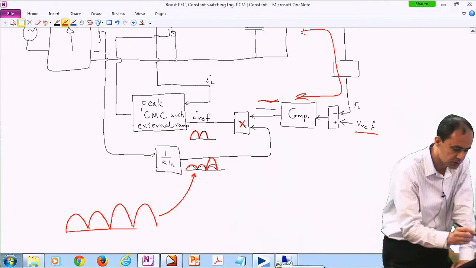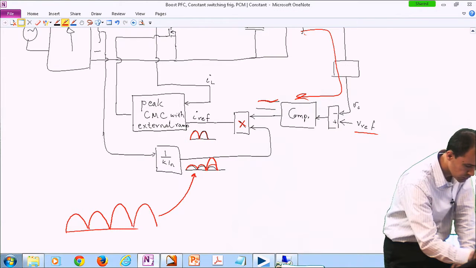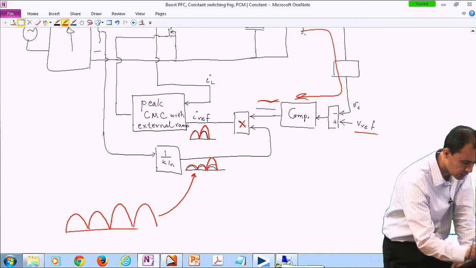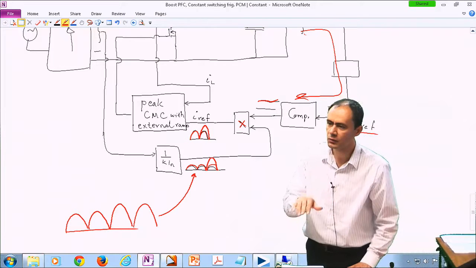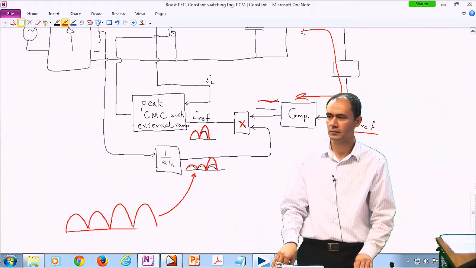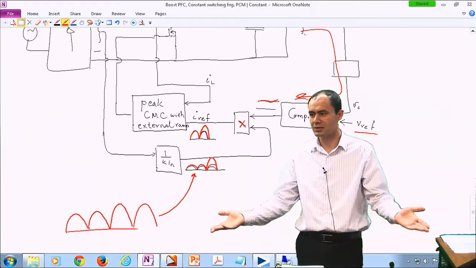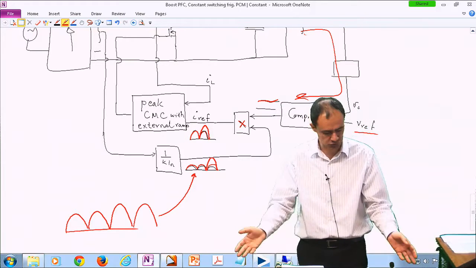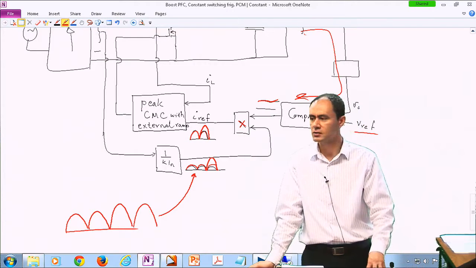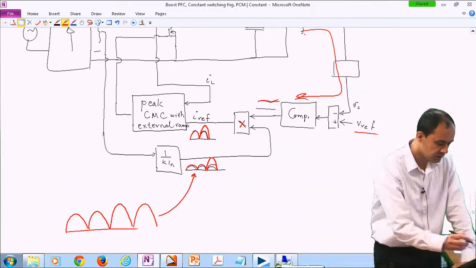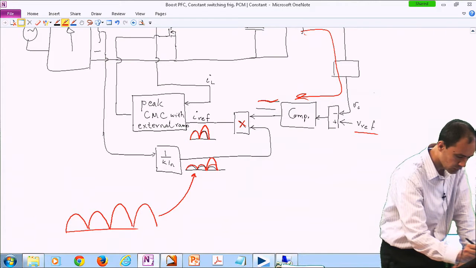And it is being multiplied by the output of the compensation, so the reference for the current gets a little bit taller. That means you're asking the converter to send more current towards the load, and the load doesn't need it because the load hasn't changed, and the output voltage requirement has not changed. So the output voltage increases. Then this feedback controller recognizes that the output voltage was supposed to be here, but it's going up.